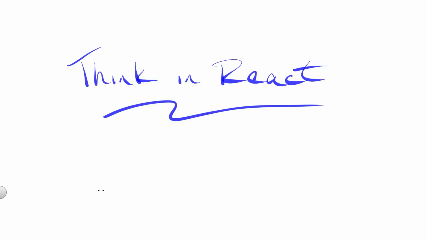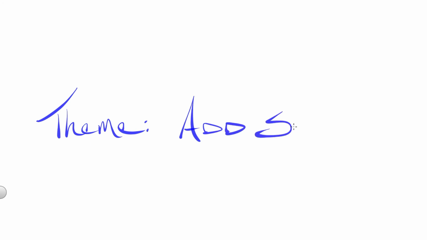So in addition to thinking in React, the next core theme here, or to do, is add state. State. So state is data. State is information that controls or defines the state or the way an application looks or a component looks.